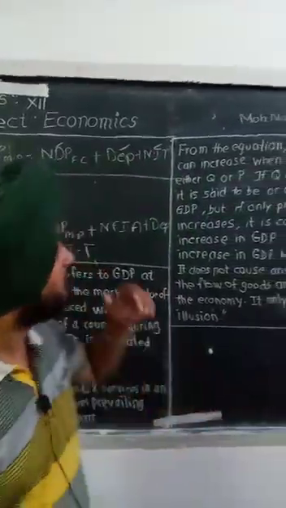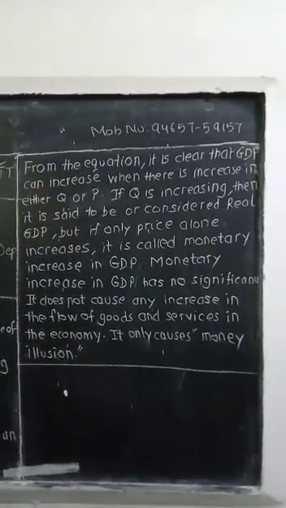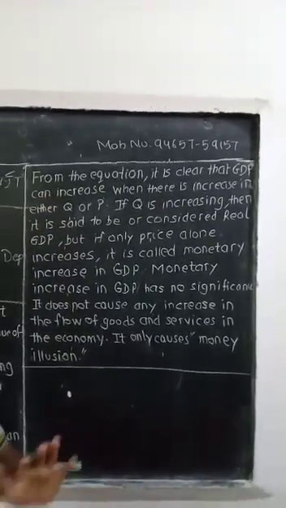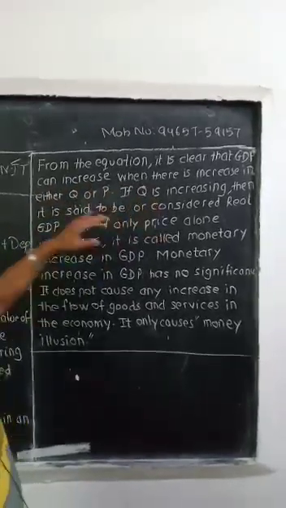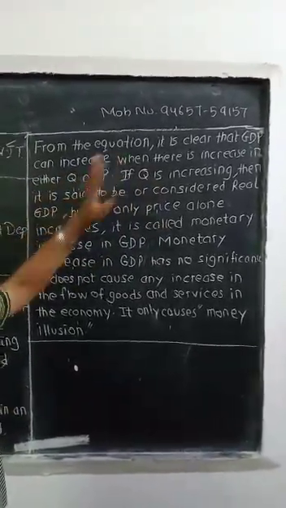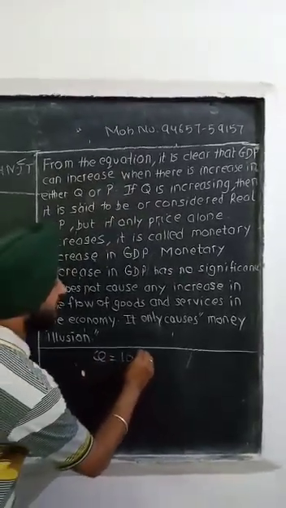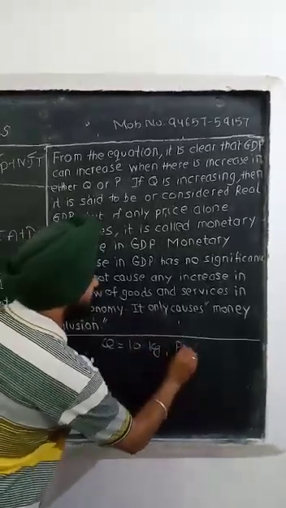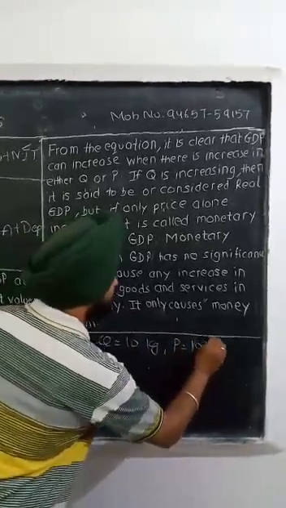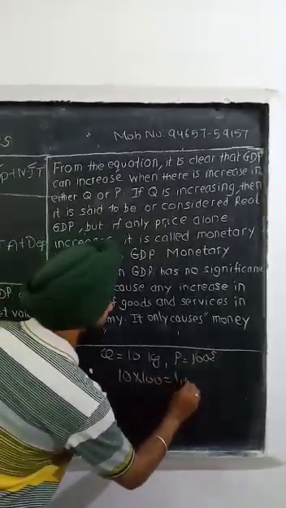Taking a note from the equation, quantity multiplied by price, it is clear that GDP can increase when there is an increase in either Q or P. For example, if Q is 10 units, say 10 kg, and price is 100 rupees, then 10 multiplied by 100 gives you 1000.